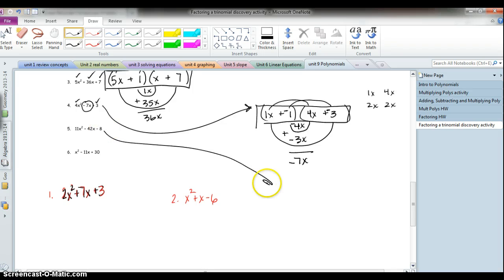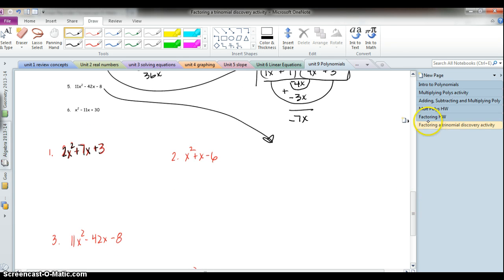Let's look at number 5. My first term is 11x squared. I don't have any choices there. 11x and x. My last term is negative 8. Now again, I've got some choices. I could choose 1 and 8, 2 and 4. I'm not exactly sure what's going to work out. So just make a choice, plug it in, and check and see if you can get negative 42x in the middle. Let's choose 2 and 4.